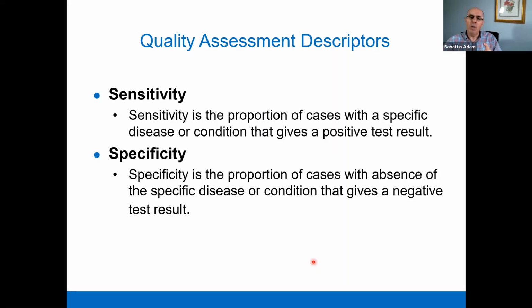You are sure that they are COVID positive patients, and now you are using your new test to see how many of them are positive. If you test these 100 patients with the new test, sensitivity means the proportion of cases with a specific disease, COVID as I gave as an example, that give a positive test.